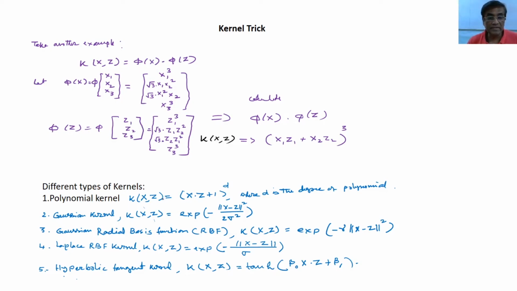Then many researchers have researched, and for different classes of problems, they have figured out different types of kernel functions.